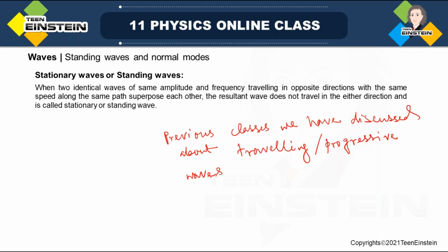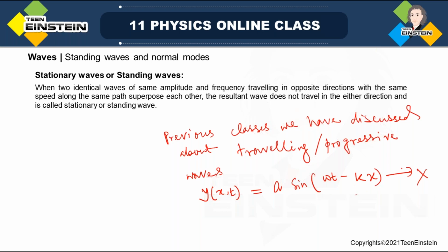This kind of traveling wave is represented by the displacement of a material element in the medium when the wave travels. That is denoted by some sine or cosine function, so a sine of omega t minus kx if it is moving in the positive x direction, and it has no boundary. It can go up to infinity in both the positive and negative x directions.